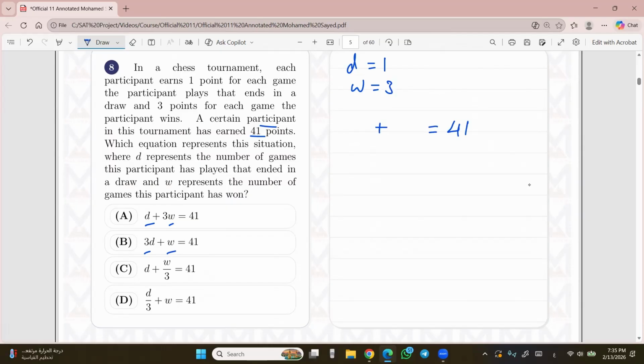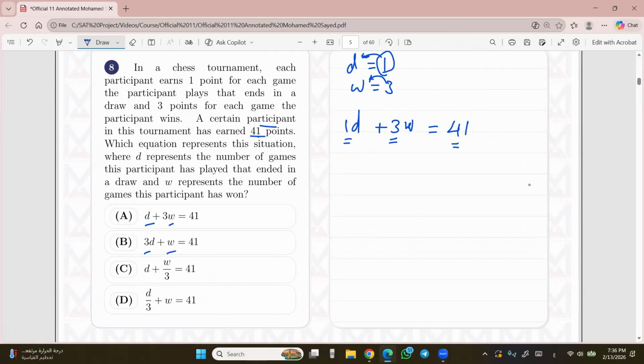Because here it says 41 points at the end, and we have W and D. But D has only 1 point, so 1D, and then 3 points for winning, so 3W. The number of winning games we do not know, number of draw games we do not know, but we know the number of points for each.